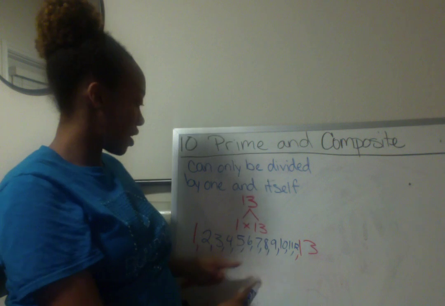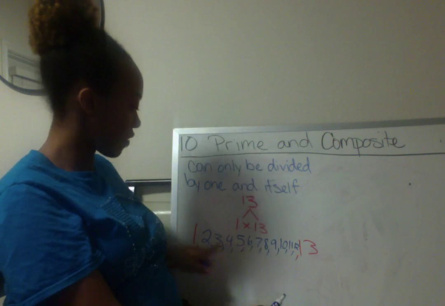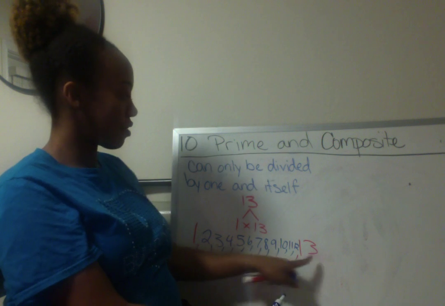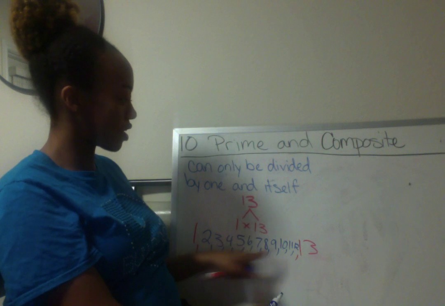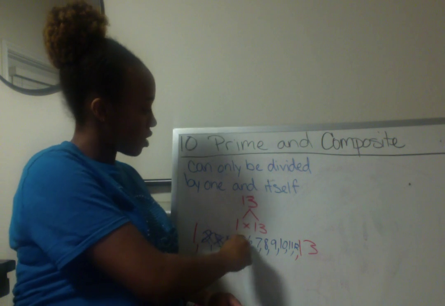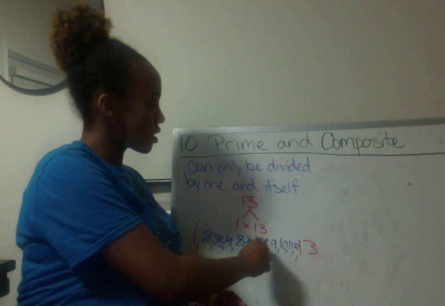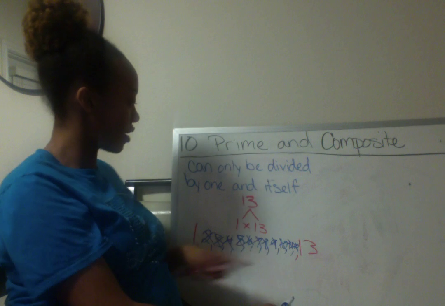But as you can see, 13 divided by 2, nothing. 13 divided by 3, nothing. 13 divided by 4, 5, 6, and so on. None of these work. So 13 is a prime number. The only thing that works is 1 and 13.